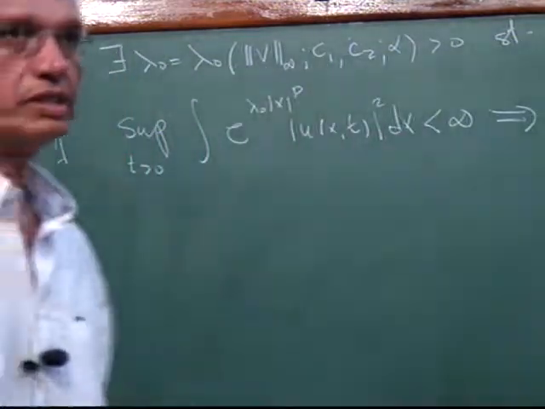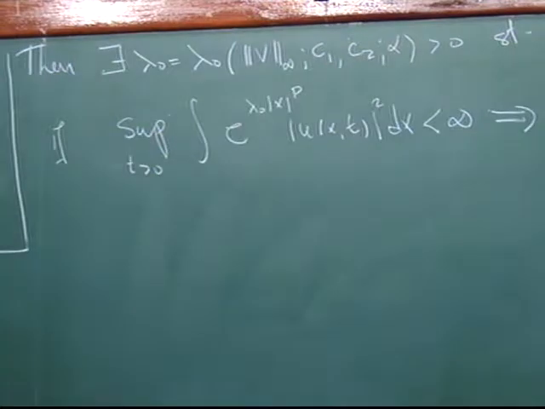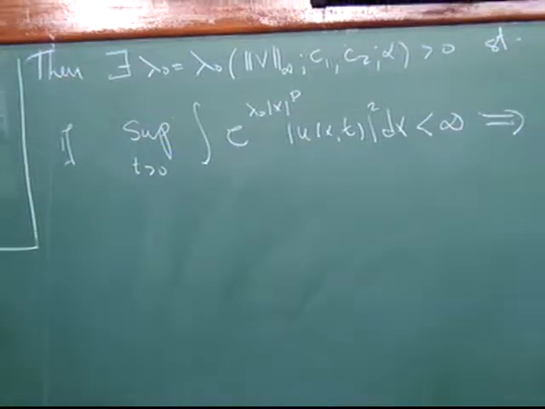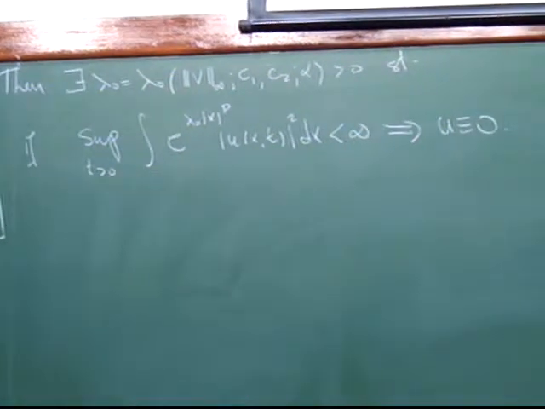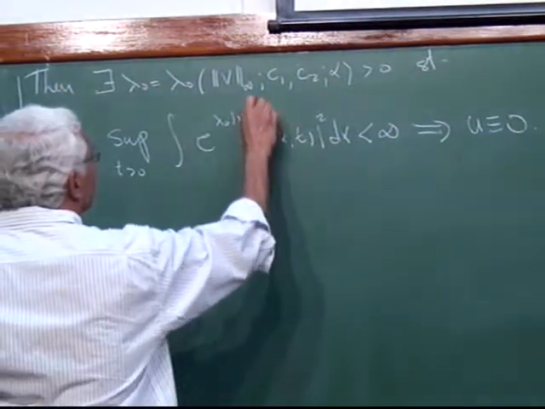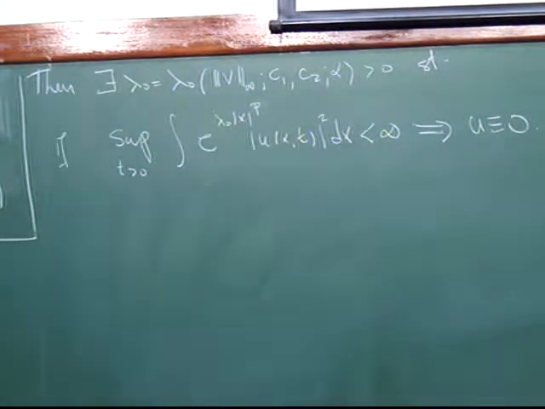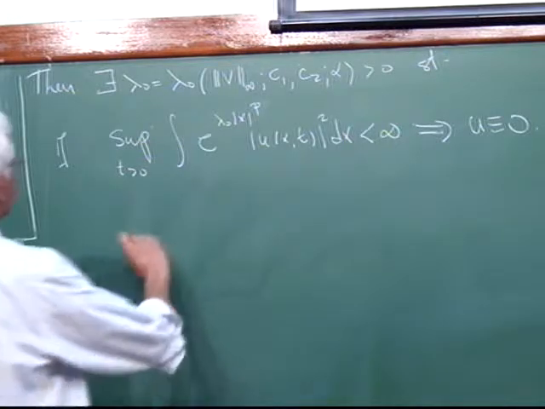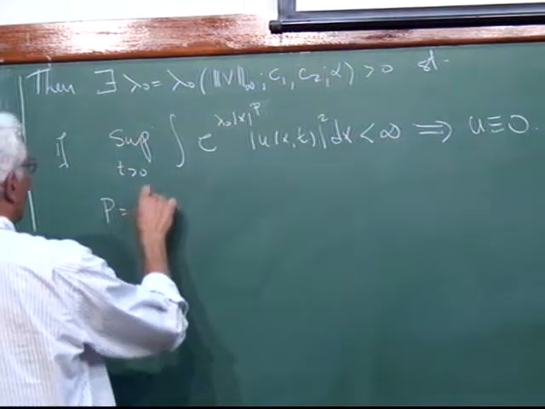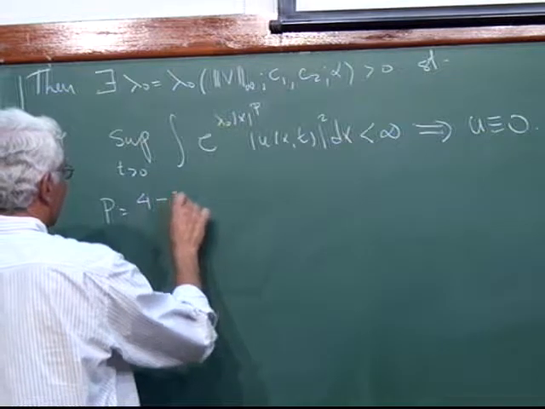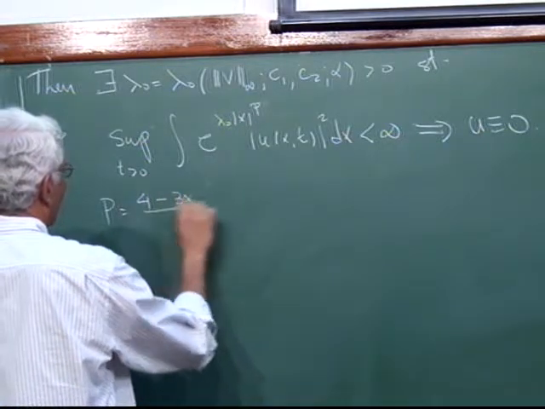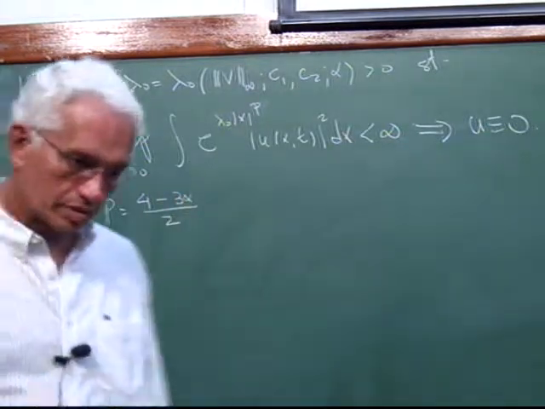Okay, let's start to understand the theorem, where P is equal to 4 minus 3 alpha over 2, I think. 2 alpha over 3.